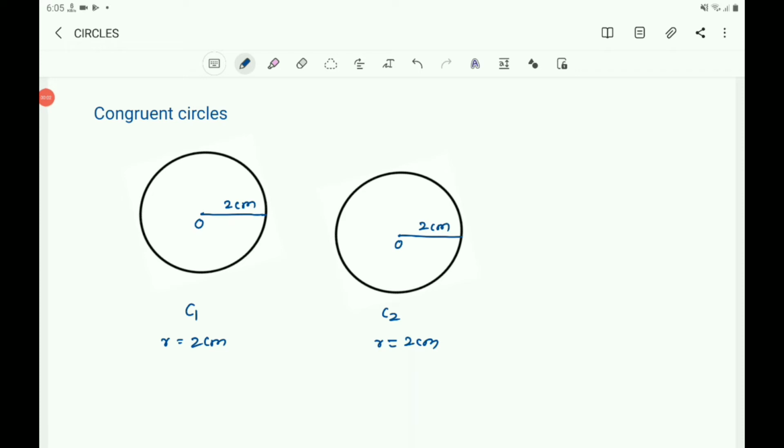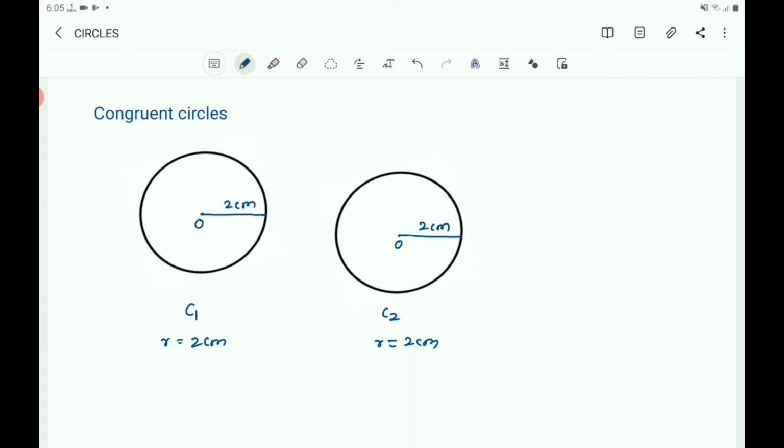Now about congruent circles. The congruent figures: two figures are said to be congruent if they superimpose each other when one is kept on the other. Two figures are said to be congruent if and only if either of them can be superposed on the other so as to cover exactly.